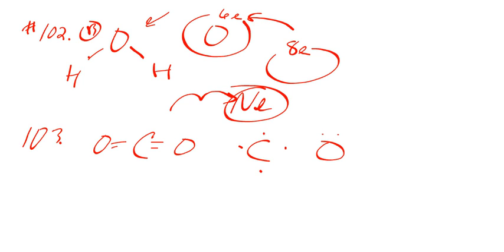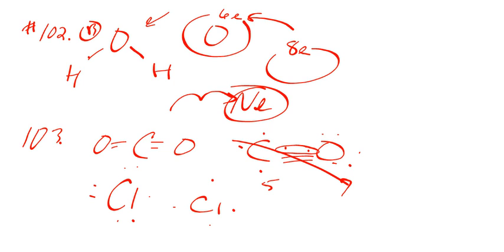Well, you can't just have a single bond to make it all work because that would only give it 7 and 5. That's not enough. So it needs multiple bonds, so that can't be your answer. Cl, it has 7. And the other one has 7. And therefore, what are you going to do? They can share 1. That's your single covalent bond. The answer is B, Cl2.